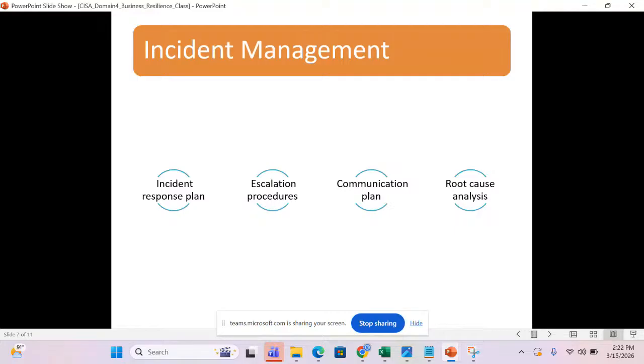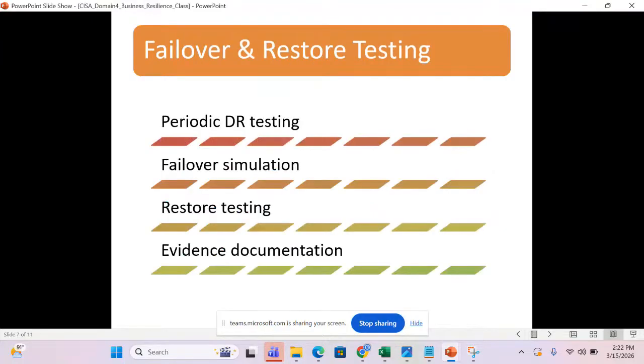ISACA mentioned that when you are doing your plan testing, you need to ensure that you do 3 types of tests. You have the pre-test, you have the test, which comes from your failover simulation and report testing. The pre-test means that you're just setting up, ensuring that you put the necessary things in place.